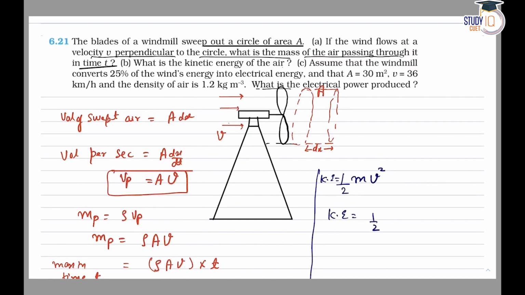The value of m can be written as rho A v into t, into v square. So the kinetic energy comes out to be 1 by 2 rho A v cube into t. So 1 by 2 A rho v cube t is the kinetic energy in time t.